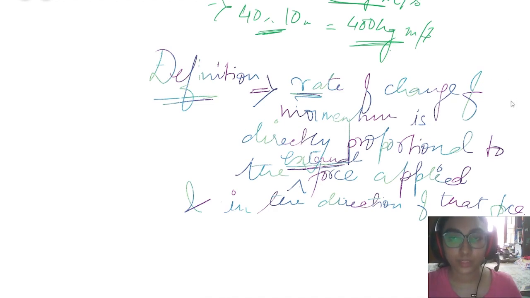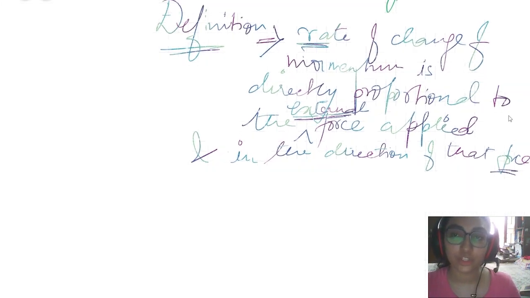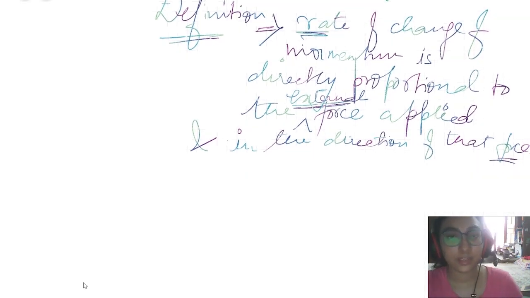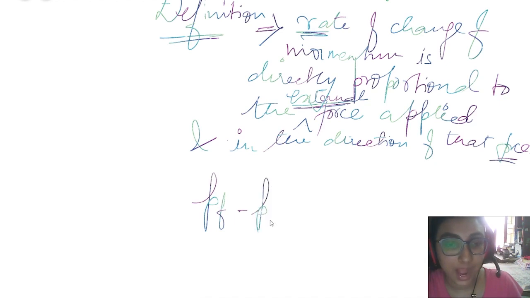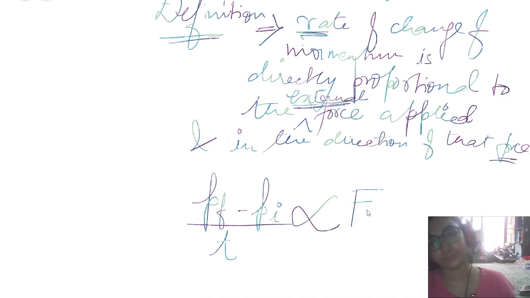So when we talk about the rate of change of momentum, it means that what was initially there has now changed to something different, which is the final momentum. So we can write it as Pf minus Pi, F stands for final, I stands for initial, divided by t is directly proportional to force.